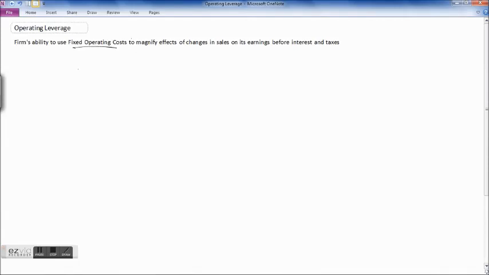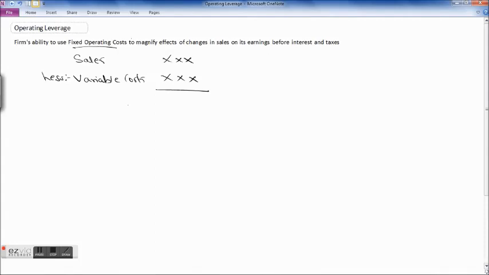Now let us understand how we prepare a statement of profit and loss. We have sales, then you have variable cost. Variable costs are those costs which will be incurred per unit.